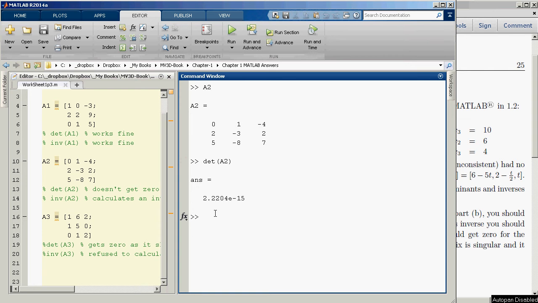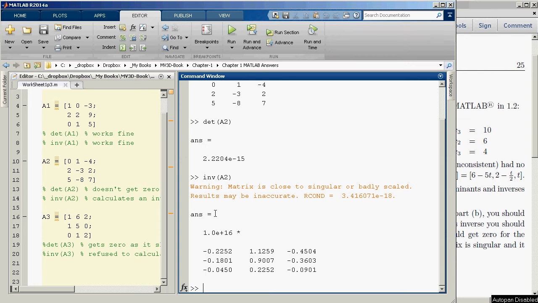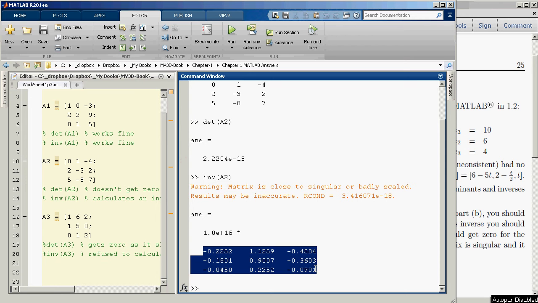So let's get the inverse of A2. And it spits out an error message, which is good because we know the determinant is 0 and it should not have any inverse. But it does in fact calculate an inverse because the determinant was not quite 0. When you first look at this inverse, it looks like some nice normal numbers.